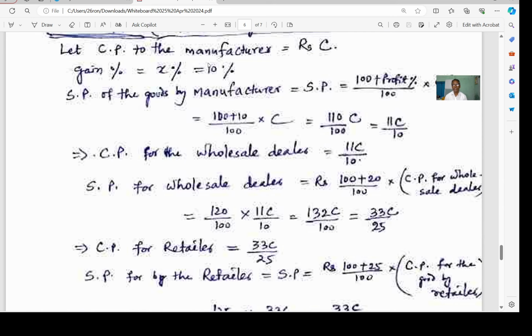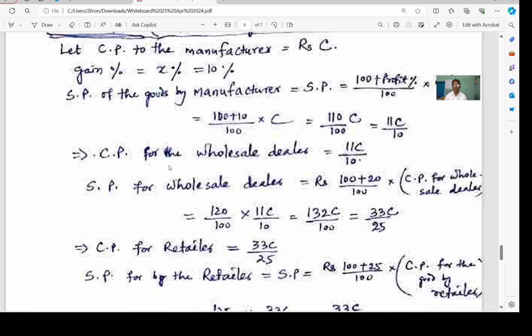Let cost price of the manufacturer be C, gain percent X percent, say 10%. Sale price of the goods by manufacturer, SP, is equal to (100 plus profit percent)/100 multiplied by CP. This is equal to (100 plus 10)/100 into C, or 110/100 into C. This is equal to 11C/10.